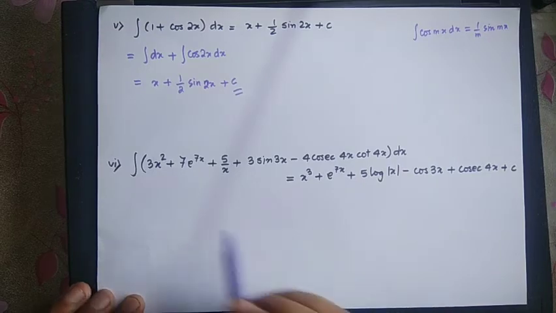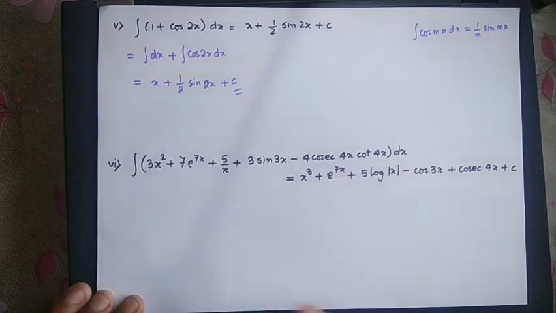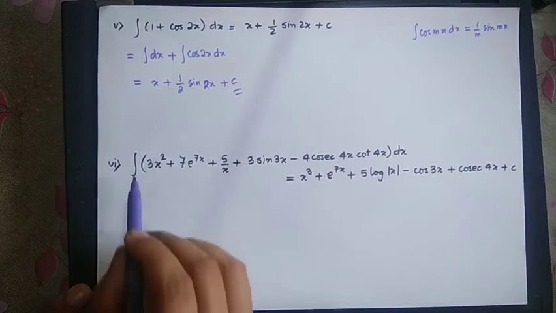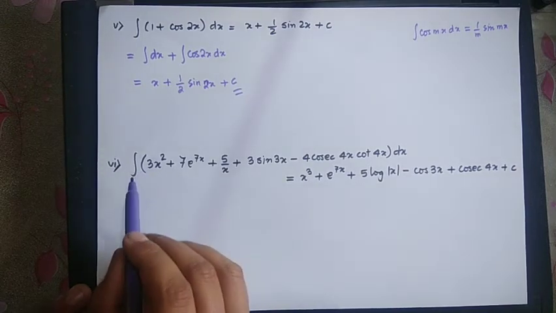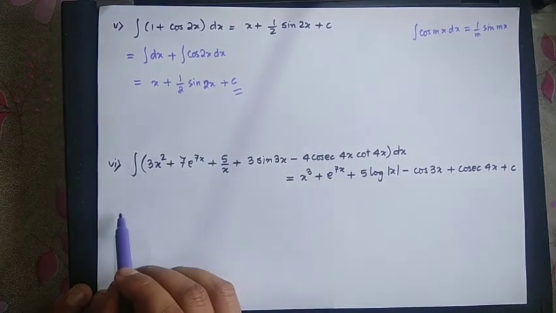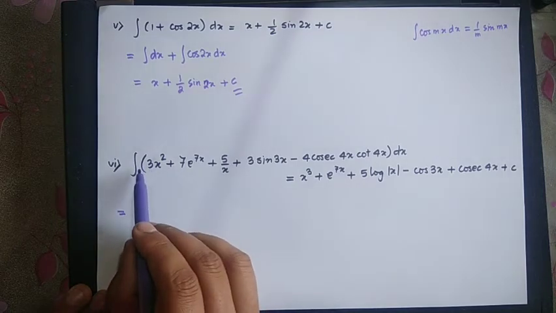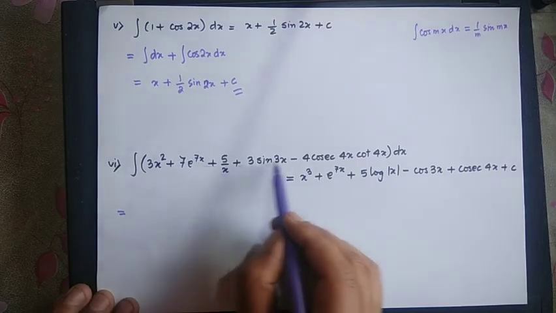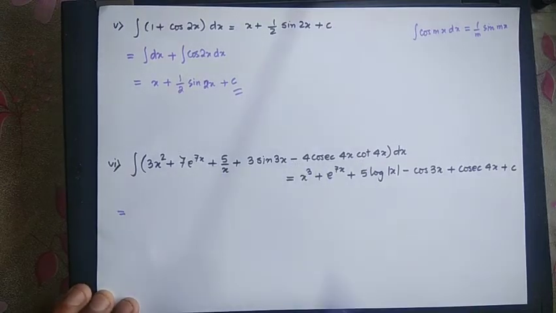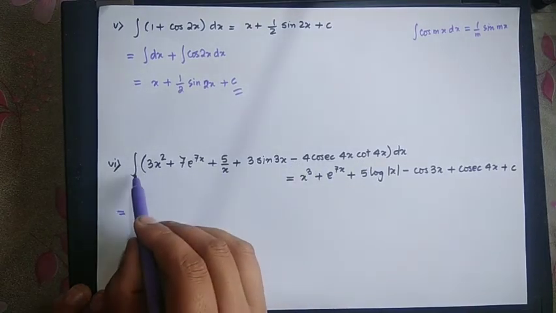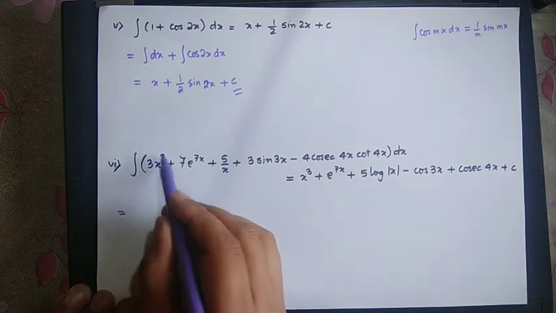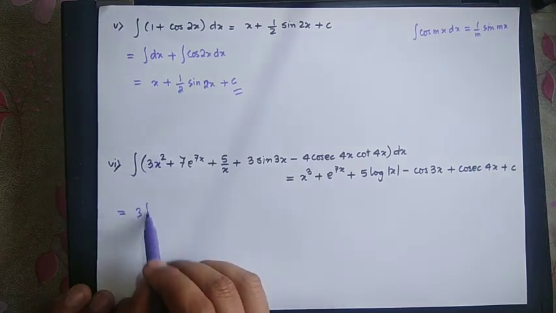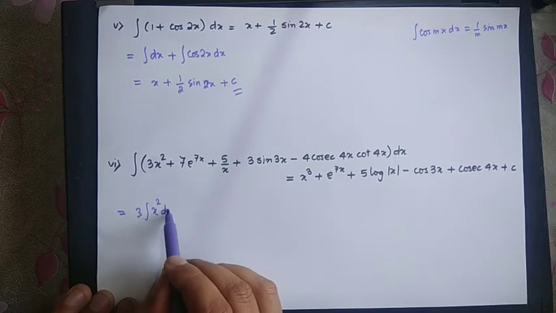Now we'll see the last problem. It is a bit longer, but the question is the same. The question is easy. Now let us take the left hand side. So as usual I am going to distribute integrals over every sign here. It is plus and minus present here. Now if I distribute this integral over 3x squared, then this 3 can be written outside, so x squared dx is left.